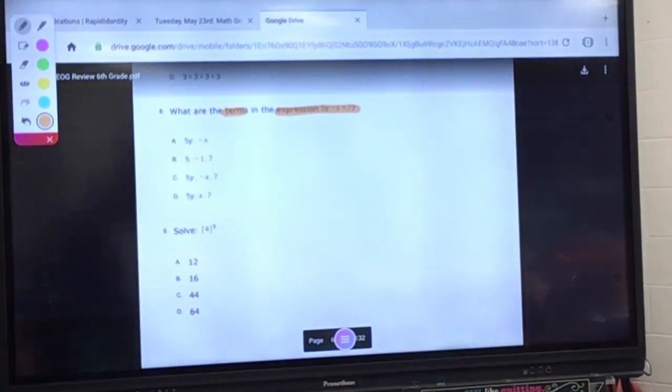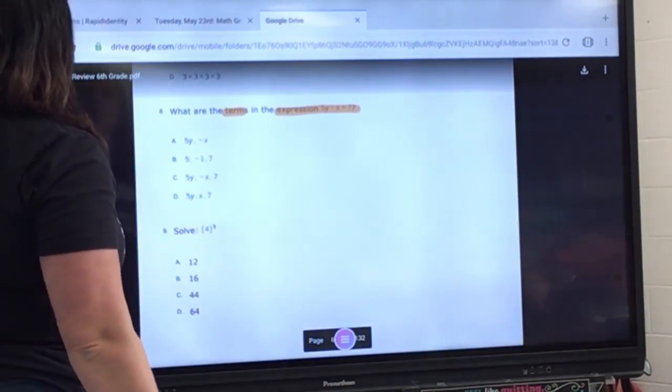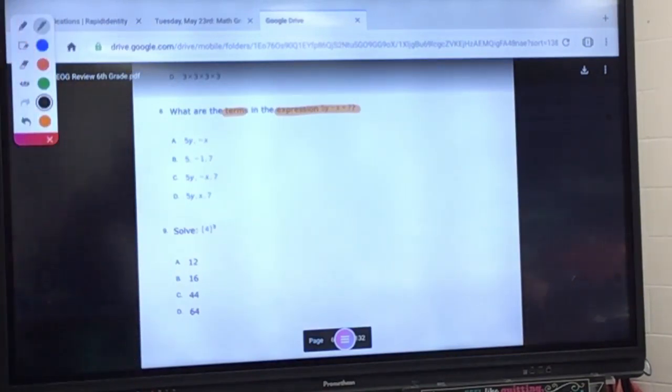All right, so how many terms do we have? Let's start with that. And remember, a term is separated by a subtraction or an addition sign. So how many terms do you see up there? Elisa, how many do you see? So there's 3 terms up here.